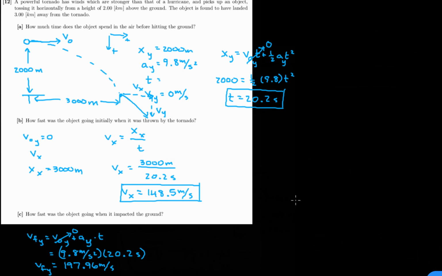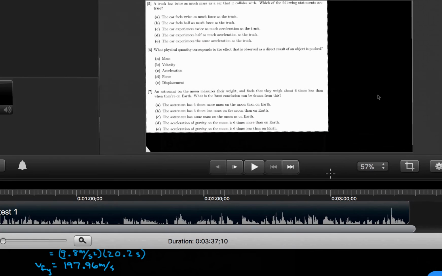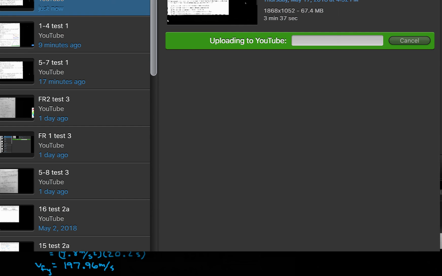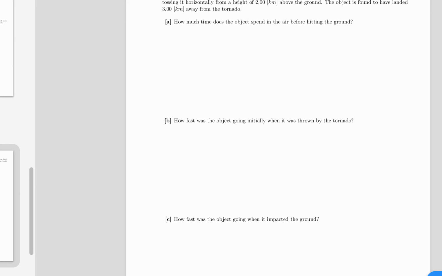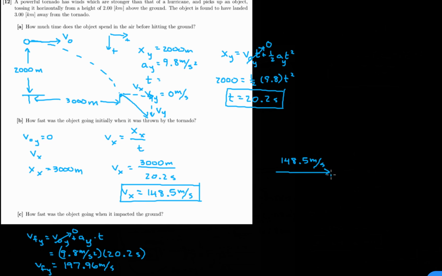So if you draw a picture, you get a component that goes this way with 148.5 meters per second, and you have a component that goes down the other way at 197.96 meters per second.